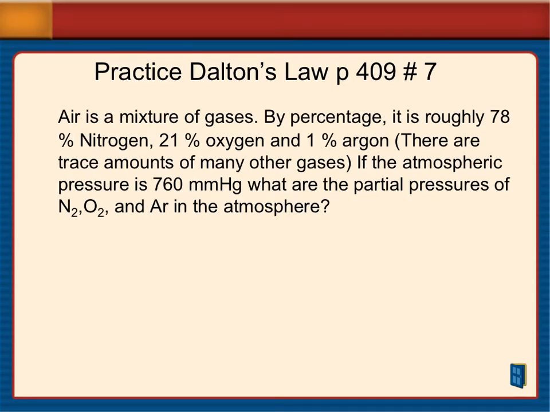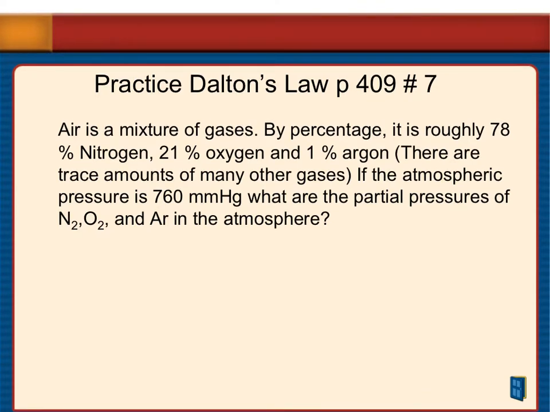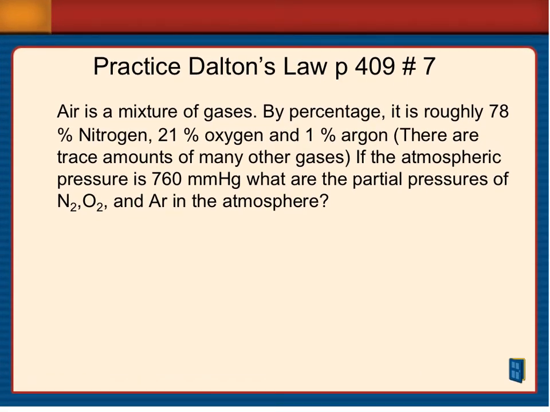This is another Dalton's law problem. You're presented with the percent composition of the atmosphere or air, and you are told that the atmospheric pressure, or in other words, the total pressure, is 760 millimeters of mercury.